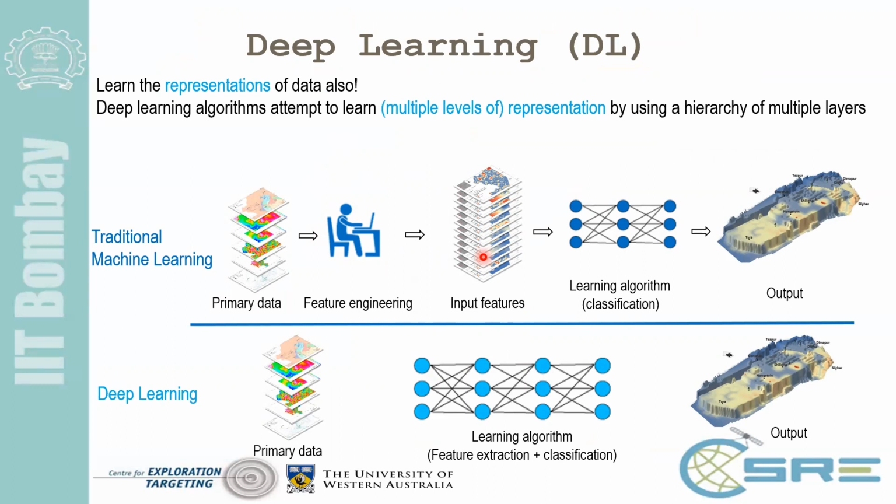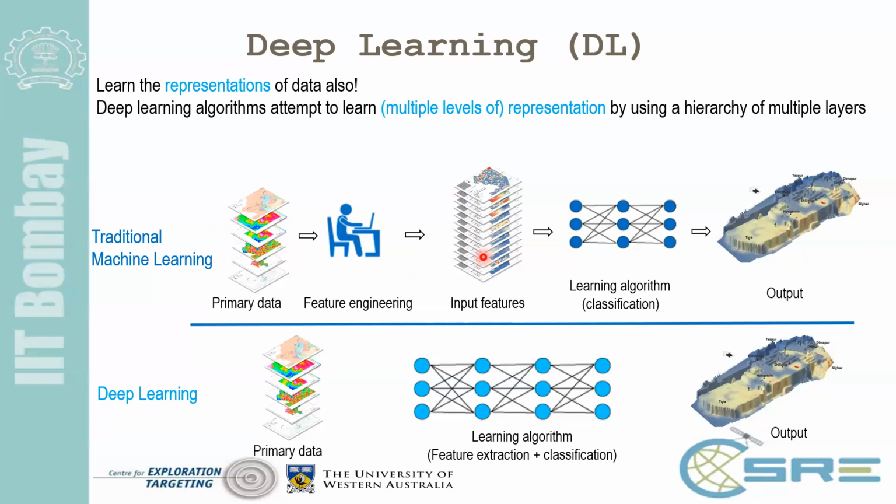We are just providing the primary data sets, our magnetic images and gravity images, nothing that involved the intervention of a human, and which have been directly observed. So we are providing these data directly to the network, and we are letting the network learn the features which are relevant, and then come up with the prospective ground.